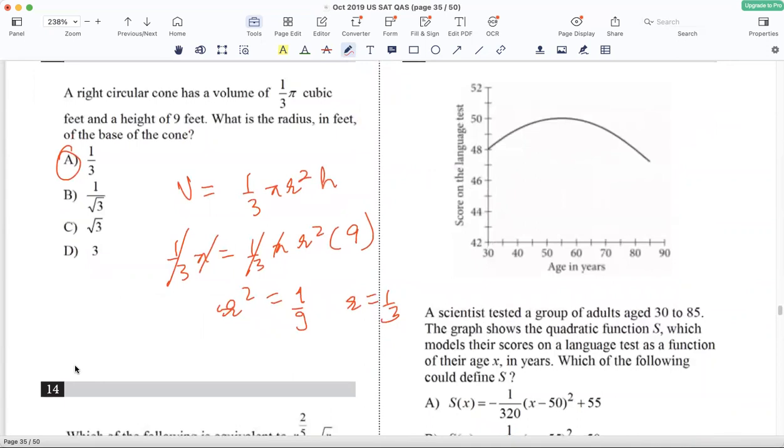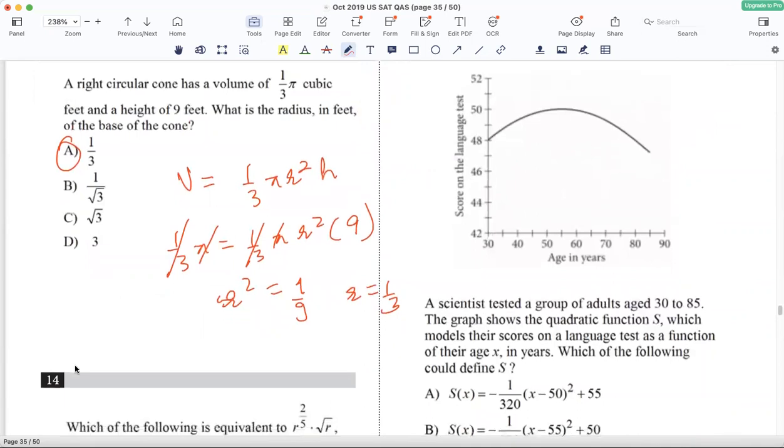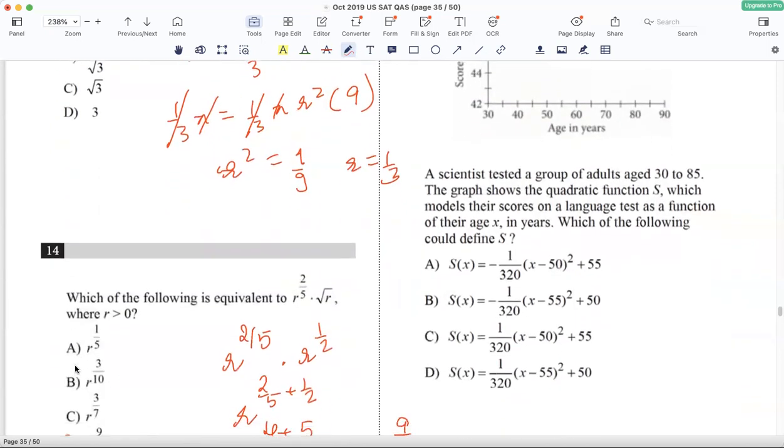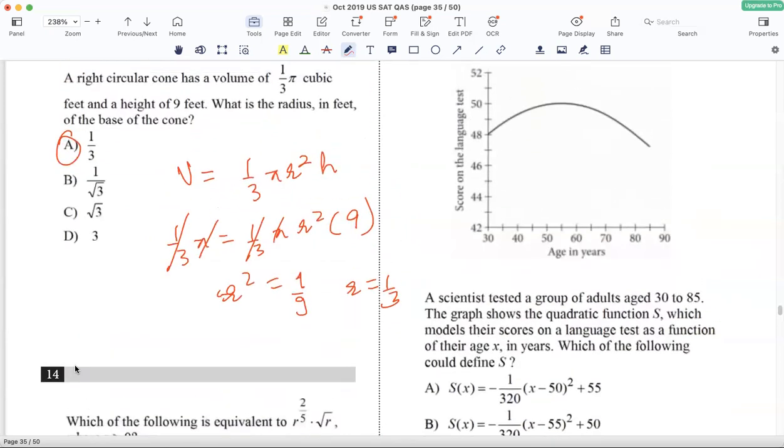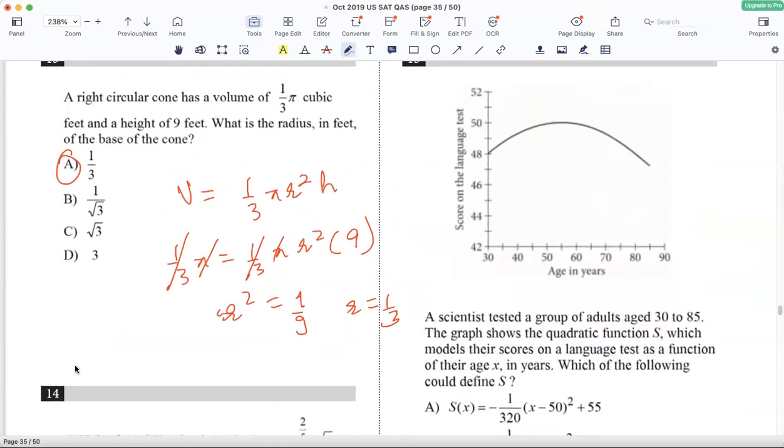Okay, a scientist tested a group of adults aged 30 to 85. The graph shows the quadratic function S, which models their scores on a language test as a function of their age x in years. Which of the following could define S? Okay, so we have the vertex form. So let's first find the vertex. It appears to be here.